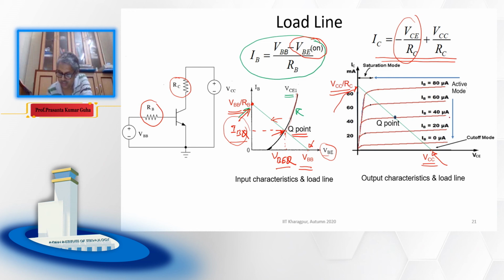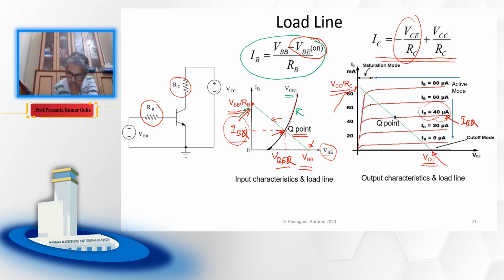If IBQ is known, say for example 40 microamp of base current, then this is the Q point on the output characteristics. Corresponding to this is my ICQ, and corresponding to this is my VCEQ. So this is again the Q point as far as the output characteristics are concerned.